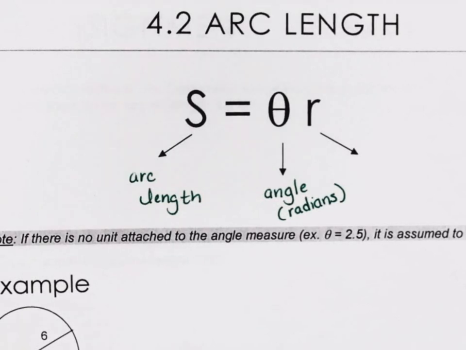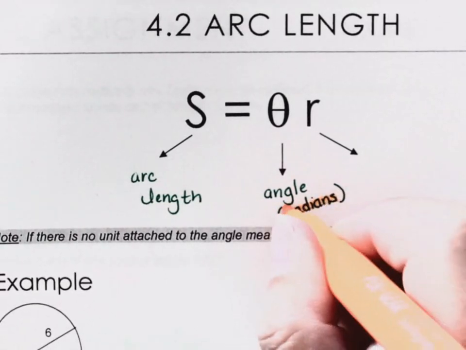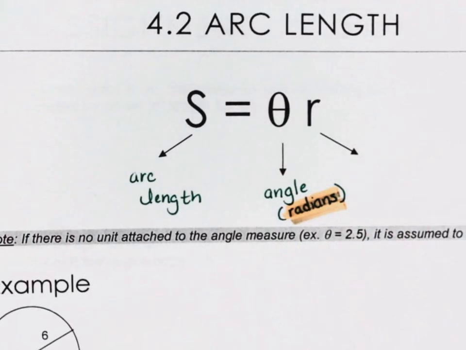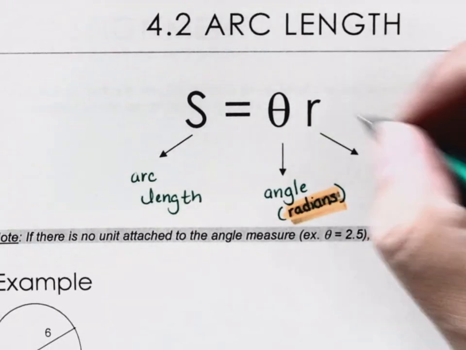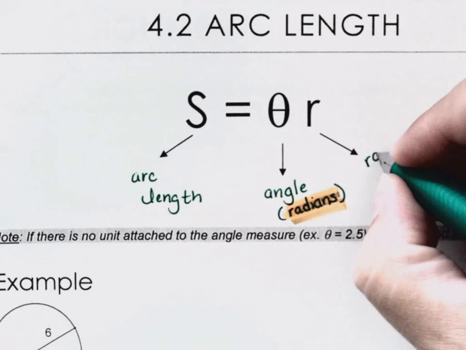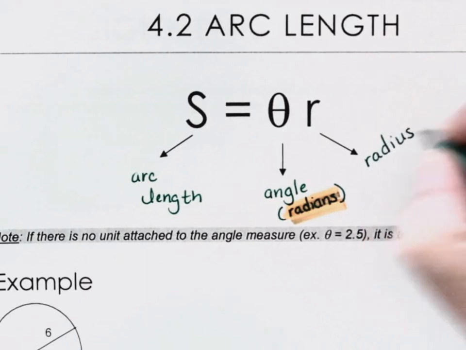If you have your highlighter, this is non-negotiable. If you put it in as a degree, it will give you a wonky answer and you won't get marks for it. And then R represents the radius of the circle.